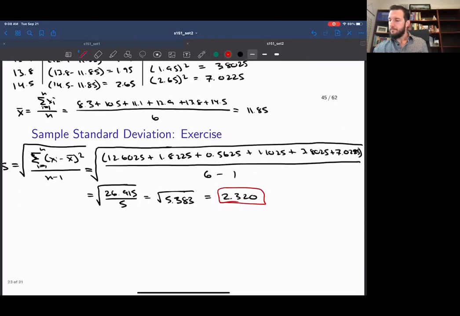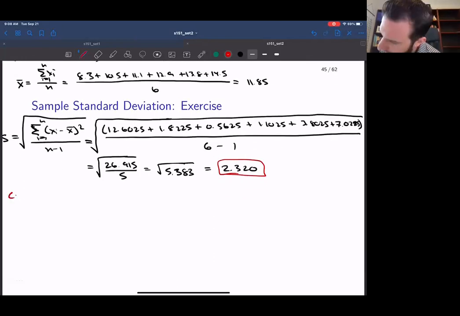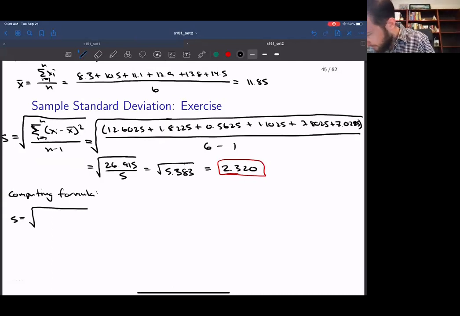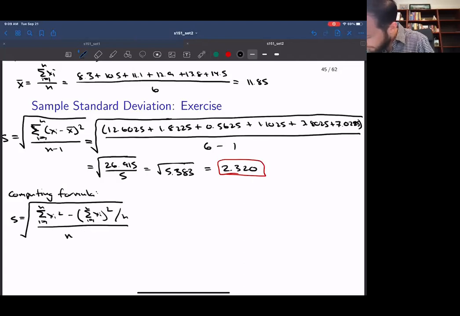All right. So for the computing formula, we have S is equal to the square root of the sum from i equals 1 to n of xi squared minus the sum from i equals 1 to n of xi, all squared over n, divided by n minus 1.